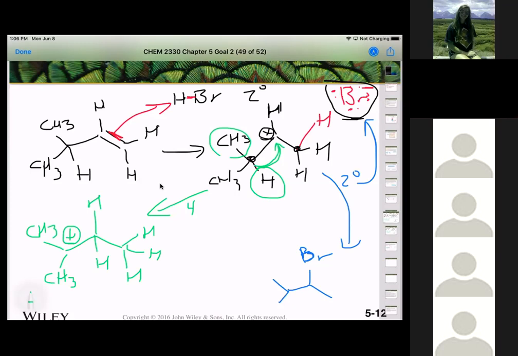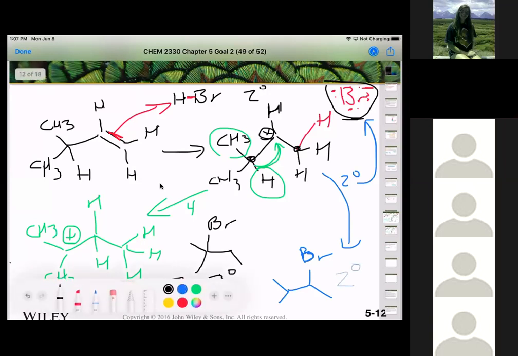And then, of course, when this reacts, I'm running out of colors of ink, so I'm going to do it in black here. When this reacts with the bromine, we're going to end up with our other product. Bromine is on that tertiary carbocation, and the hydrogen is moved over to the other system. Okay, so this is the product from our tertiary carbocation, and this is the product from our secondary carbocation.